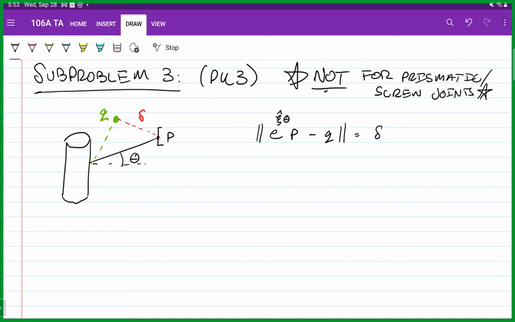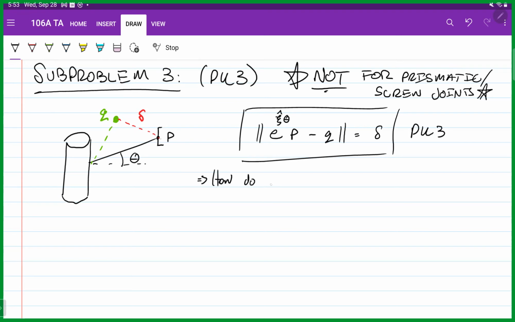So what subproblem 3 does is it tells us how to solve this equation. So, PK3: how do we get theta such that P is distance delta away from Q?